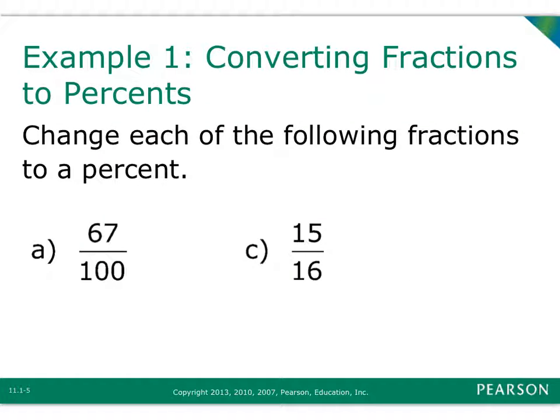So in example 1, we're going to convert fractions to percents. The following ratios: in part A, we have 67 divided by 100. In part C, we have 15 divided by 16.